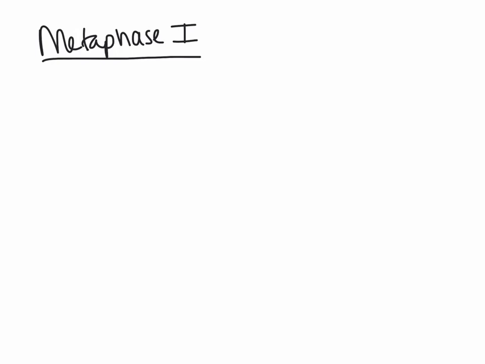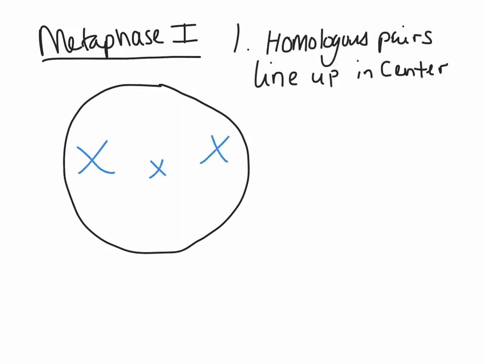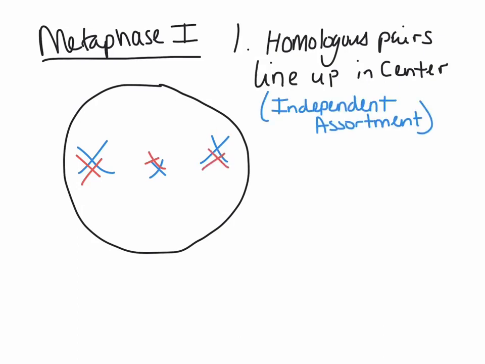The second step of meiosis I is metaphase I. During this stage, we're going to see that the homologous pair will be lining up along the center of our cell, so along that metaphase plate. This is a random process called independent assortment, and this helps give extra genetic variation in the offspring.